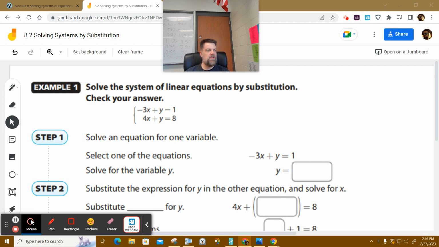And basically what we're looking for are an x and a y value that makes both the equations true, and that occurs at the intercept. Okay, so let's get started.